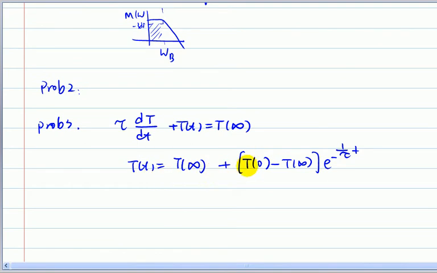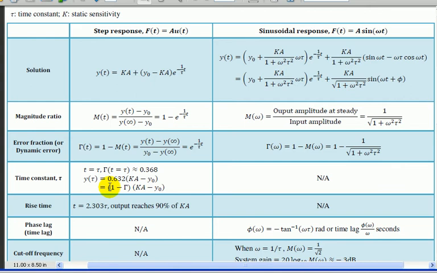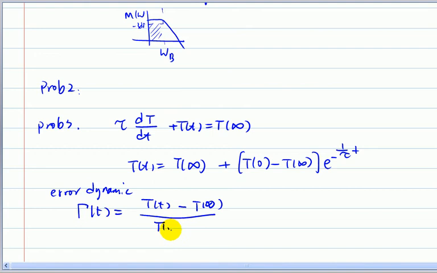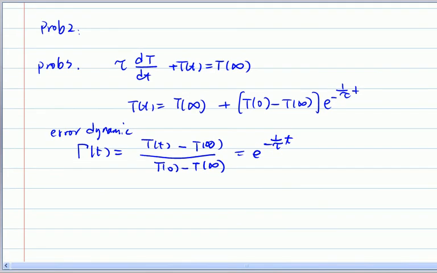So basically the so-called dynamic error, look at this one here, for first order dynamic error, the error fraction of dynamic error is given by this quantity, which equals that. So gamma t, which is the error dynamics, equals this guy here, which equals e to the negative 1 over tau t.